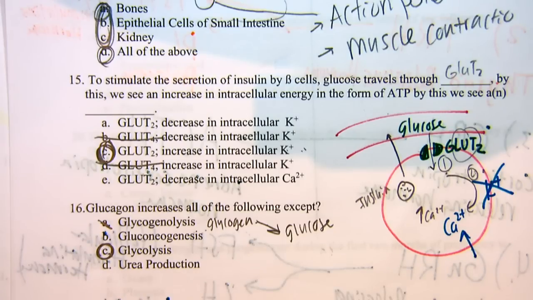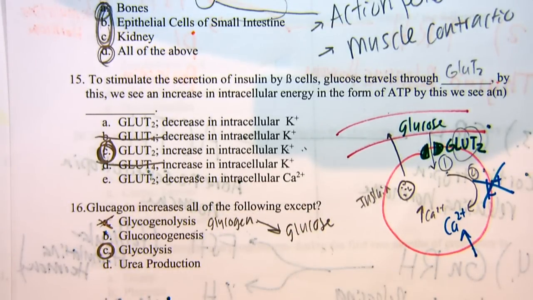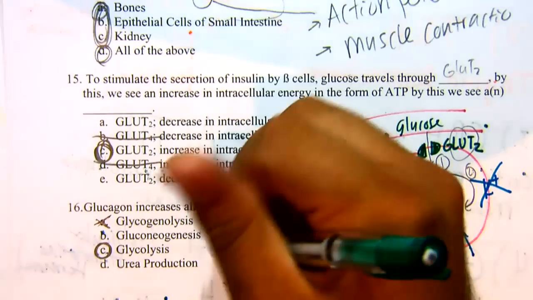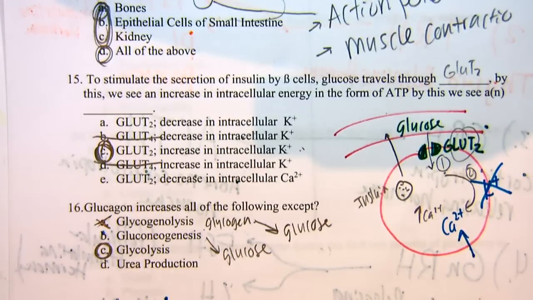Yep. So that is wrong, because it would. Gluconeogenesis is the process of making glucose also, right? Genesis means synthesis, and then gluco. So you're making glucose. And that would also increase your blood sugar level.